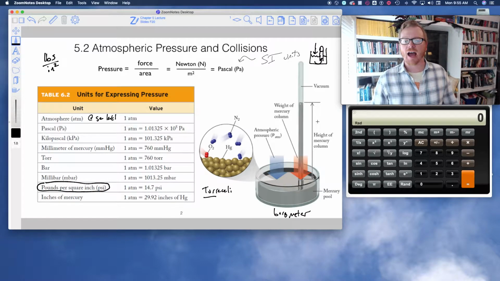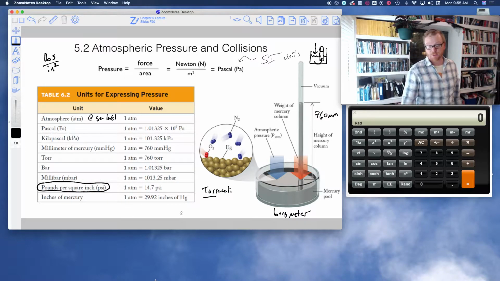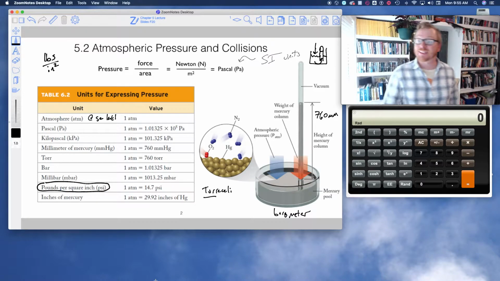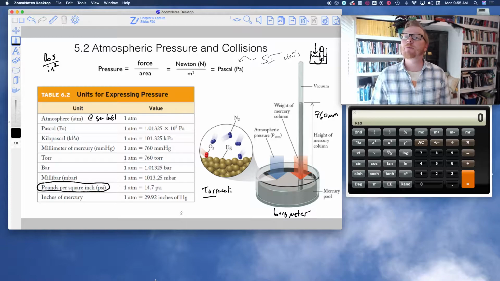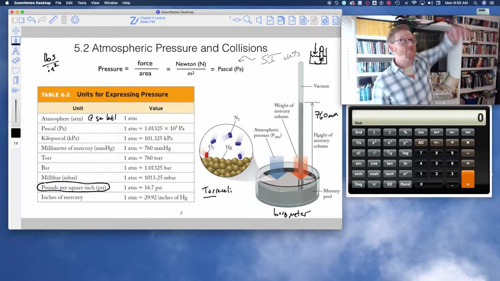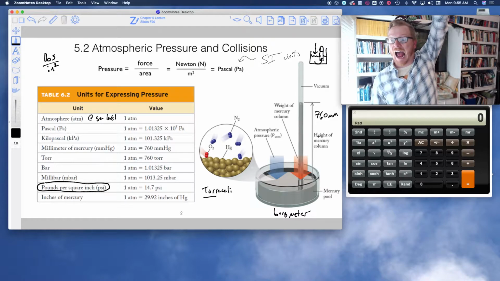And as it turns out, the height of that column of mercury is 760 millimeters. Now, it's important to note, if that were a different liquid, if it were water, for example, it would be much taller. If this were water, it would actually be closer to like 13 meters, like a full 1-story house.